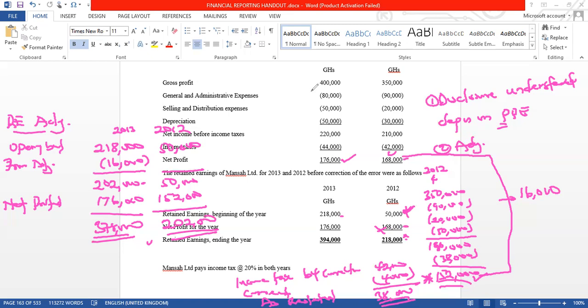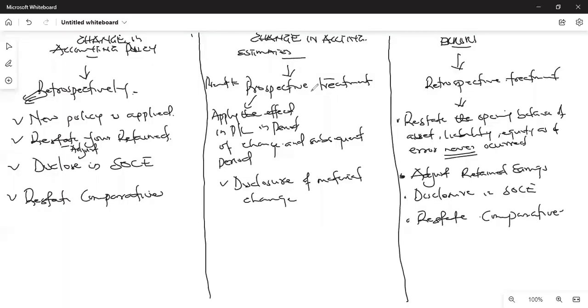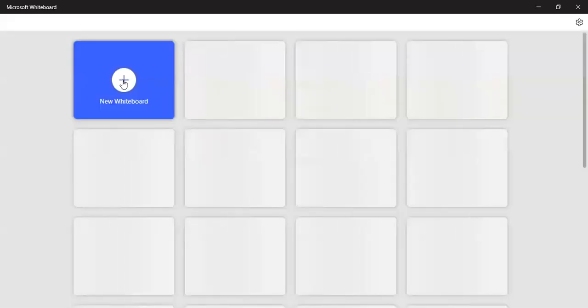So let's go on and tackle another standard. Probably talk about fair value measurement.